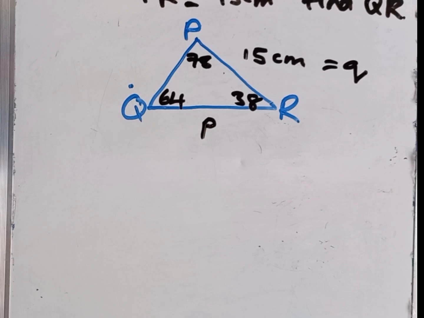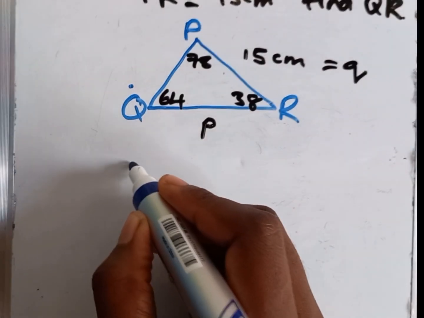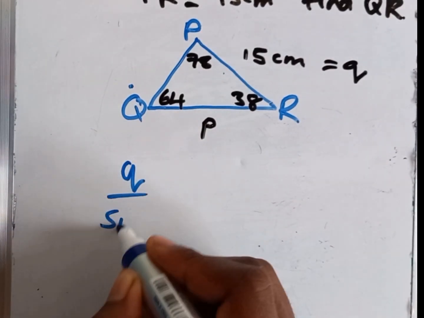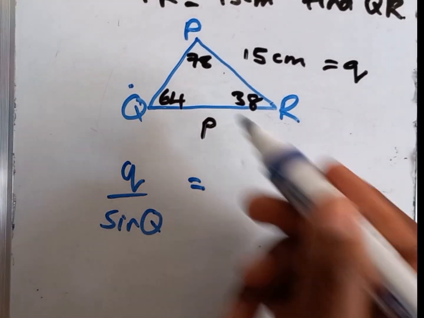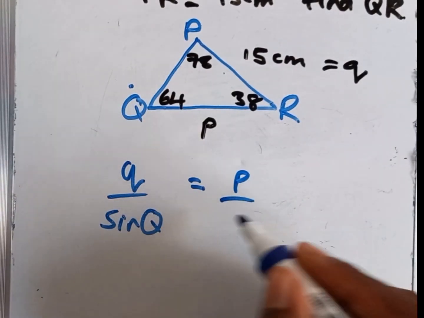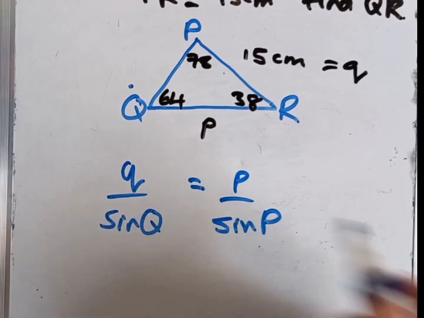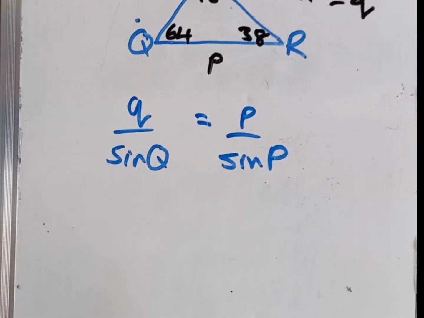we are now going to write our sine rule using the letters that we are given on our triangle. So we said we have a complete side, which is q over sine Q, equal to the incomplete one that we want to find, which is p over sine P. So we are going to plug in our values.